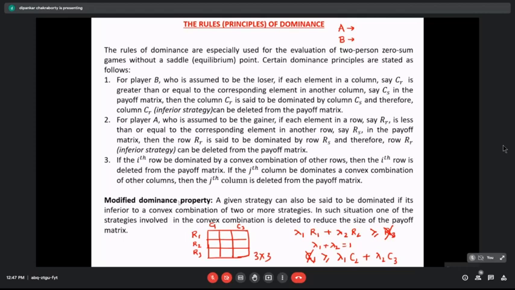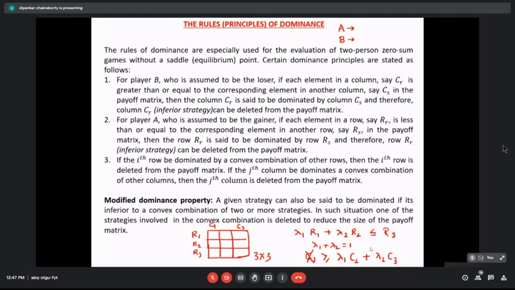What does the modified dominance property say? Suppose lambda 1 R1 plus lambda 2 R2 is greater than or equal to R3, then we are going to delete R3. But if this is not greater than or equal to R3, and suppose it is less than or equal to R3, then we cannot delete R3. Remember that. Right or wrong?